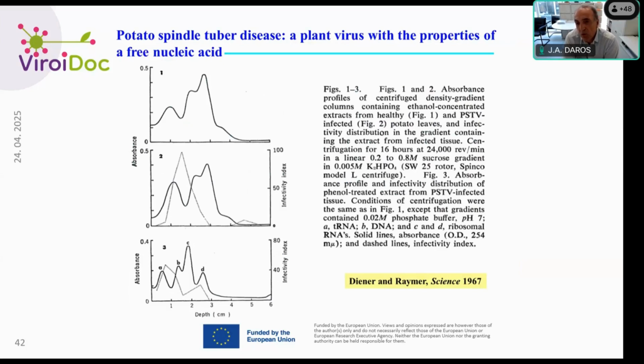Apparently, Raymer was working with this disease even before Diener. And in this paper, published in Science 1967, they already showed most of the properties that are known now for viroids.